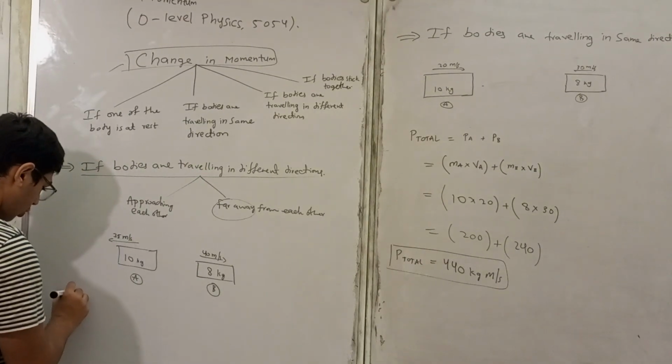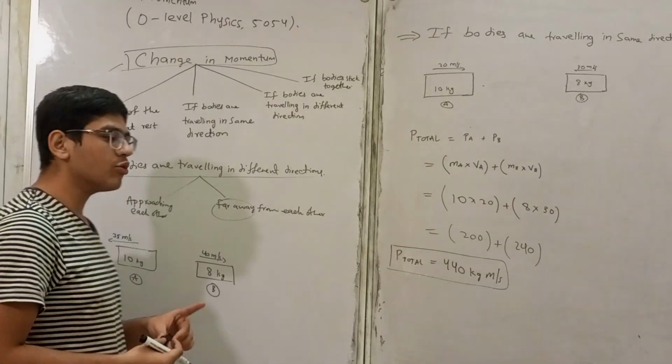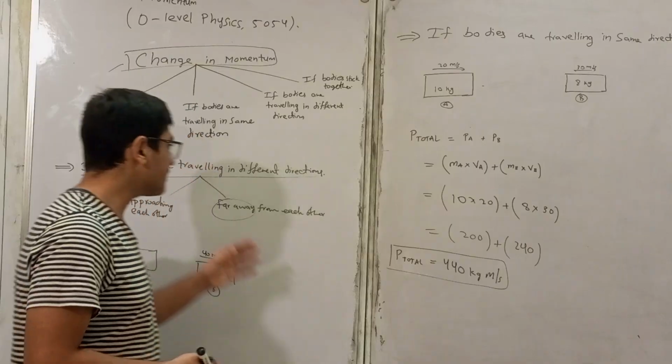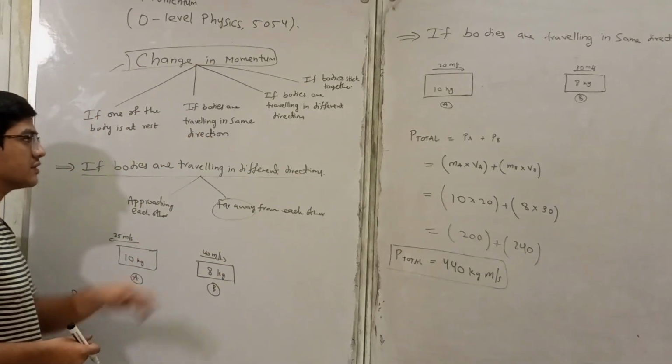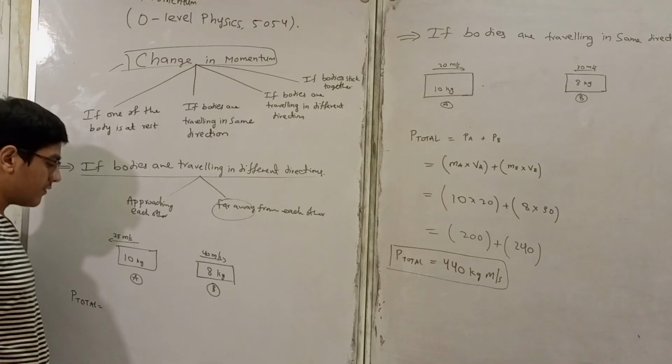Now, if we have to calculate total momentum, keep in mind that it's a rule that whenever we have to calculate the total momentum and the bodies are traveling in different directions, their total momentum will be the difference between their momentum.